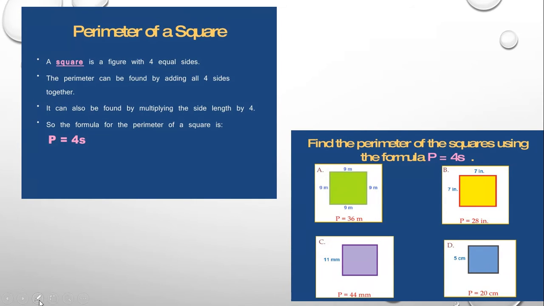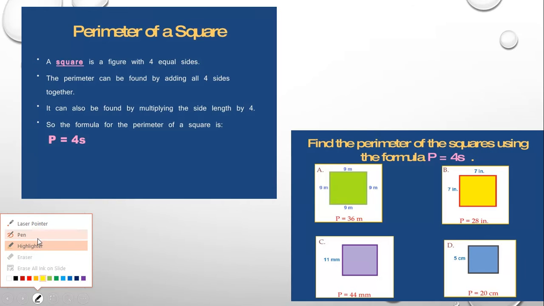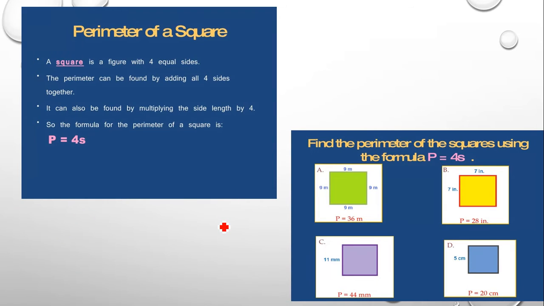Now what is the side given? That is 9 meter. So 4 into 9, 36 meter is your answer.